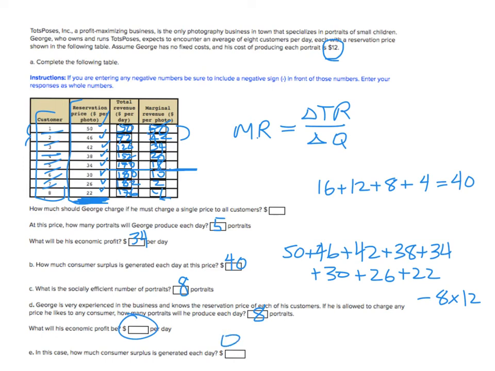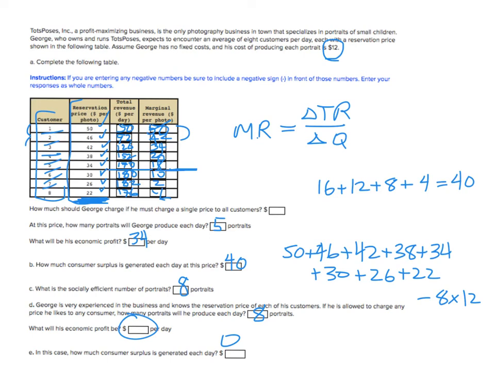So that's that. Actually, let's see if I can just quickly calculate profit. He's going to make the price minus his average total cost, his average variable cost, his average cost. So on the first one, he makes $38 in profit. In the second one, he makes 34.